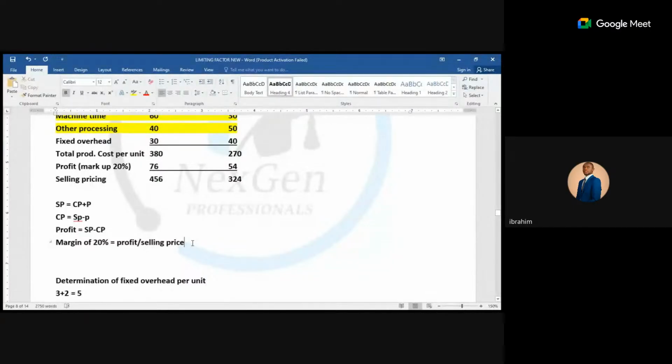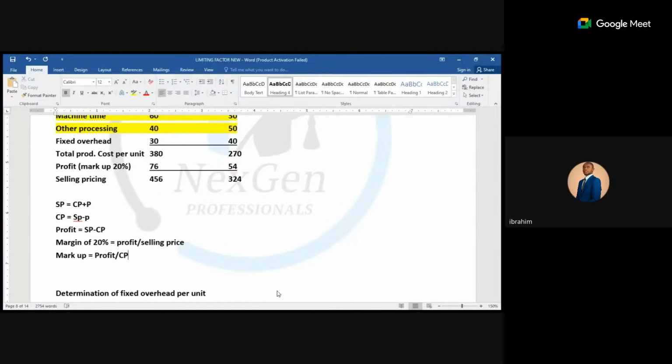Now, in this case, you have to convert your margin to markup. Markup is on cost. Let's say the markup is your profits divided by the cost price.